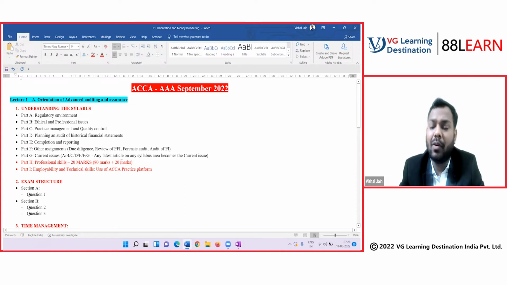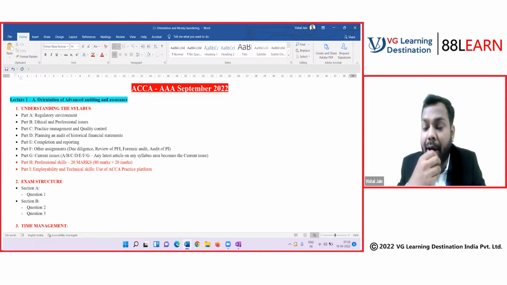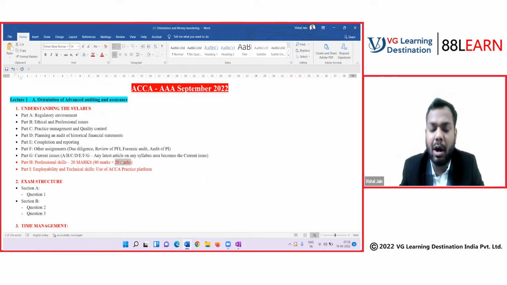The examiner expects a few things, like how you have analyzed the data in the question, how you have properly communicated it, how you have properly reported it, how you have properly structured your answers, and the logical flow of your answers. On the basis of that, you will be scoring these 20 marks, which we'll be discussing in a later part of this syllabus, not as of now. In today's class, we are not discussing it.